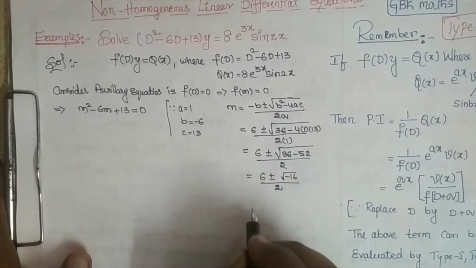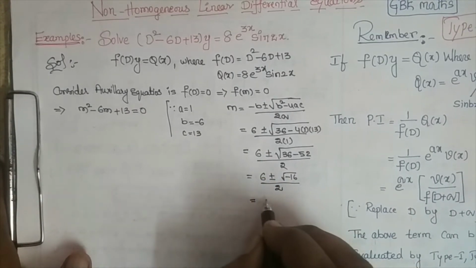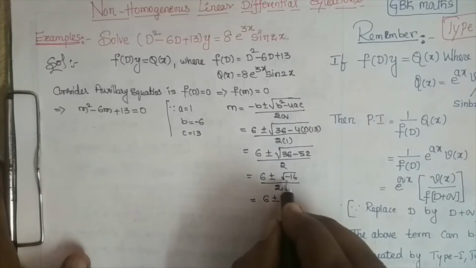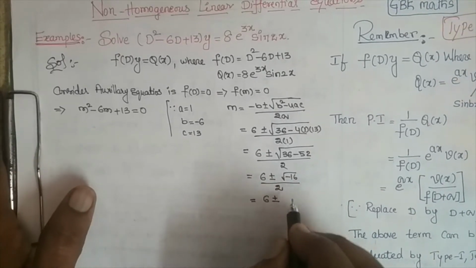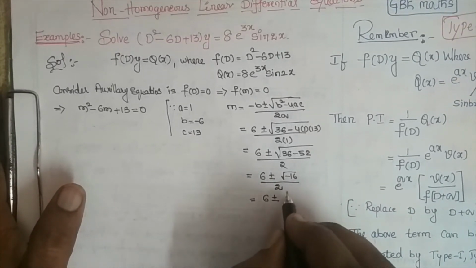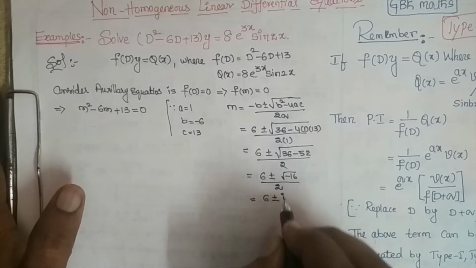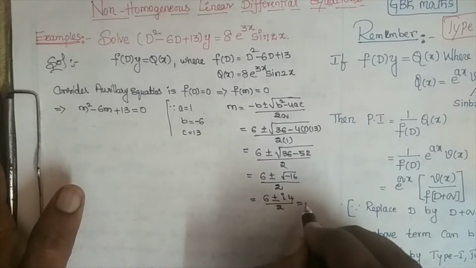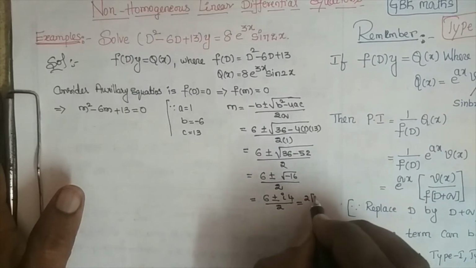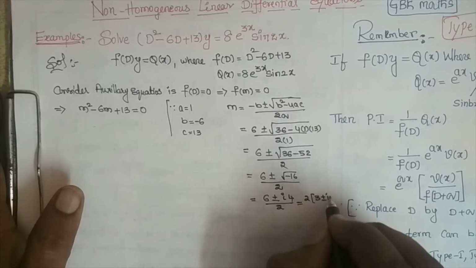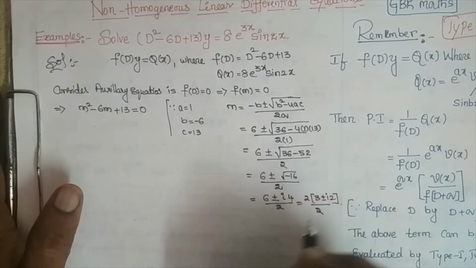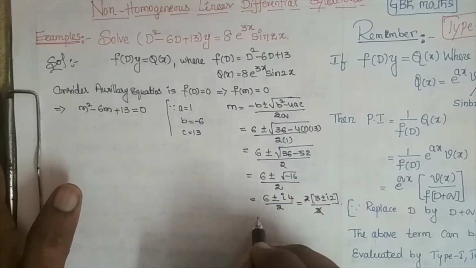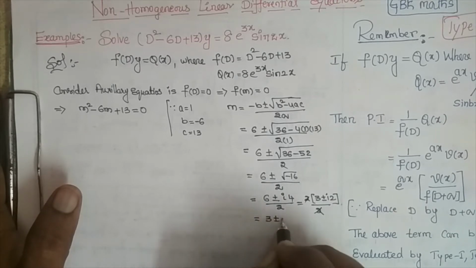You can simplify this one. 6 plus or minus, it can be written as root of minus 1 into root of 16. Root of minus 1 can be written as i, root of 16 is 4, by 2. Again 2 is common, so 2 into 3 plus or minus 2i by 2, gets cancelled, so 3 plus or minus 2i.